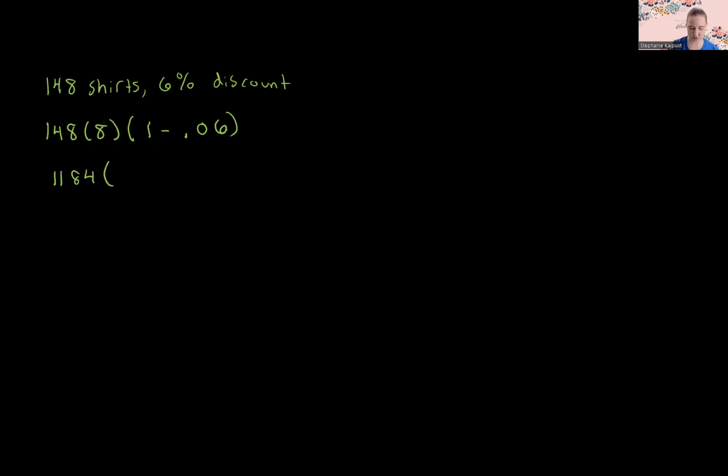And 1 minus 0.06 is 0.94. And then we multiply those together. And it's money, and money always has two decimal places. So that comes out to $1,112.96.